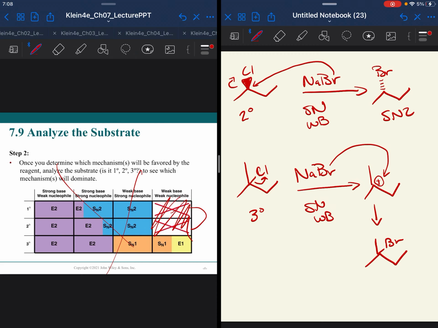So we wind up getting an SN1 product. Now, I'm not showing the stereochemistry because, one, this isn't a chiral center, but also that bromine can attack from the front or the back. And so this is the only time you're going to see a unimolecular mechanism, the SN1, with a strong reagent. It's this one right here.